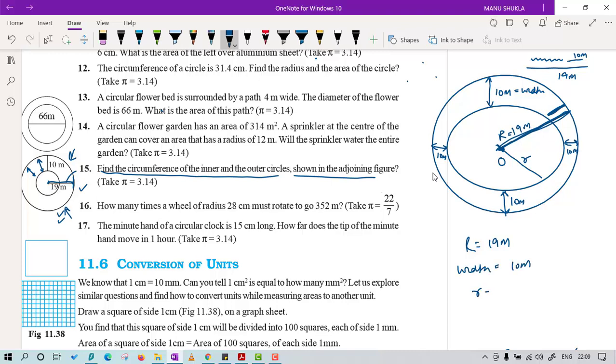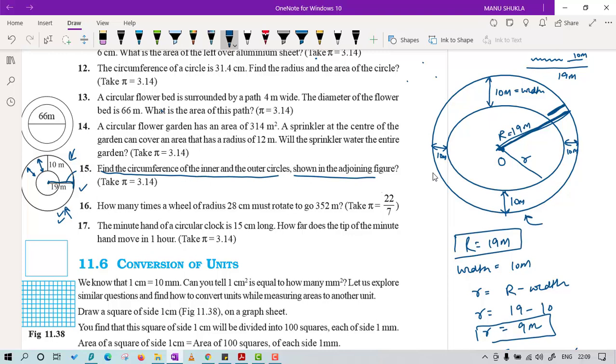You can always say that small r is equal to capital R minus width. It is just a generalization, an understanding using the figure. Now put the value. R is 19, width is 10 meters, and the small radius, or you can say the inner radius, is 9 meters, and the outer radius is 19 meters.